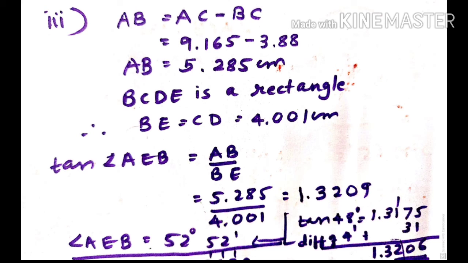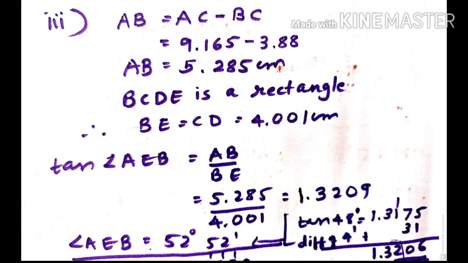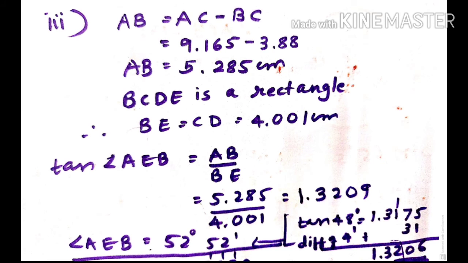But if you need angle AEB, then you have to go to your natural tangent table and see the value 1.3209. So here I show you the method: first of all, open your natural tangent table. In that, you have to look for the 1.3209 value, or a nearby value. So here I see tan 48 degree is equal to 1.3175, and then I check the mean difference of 4 minutes, that is 31.